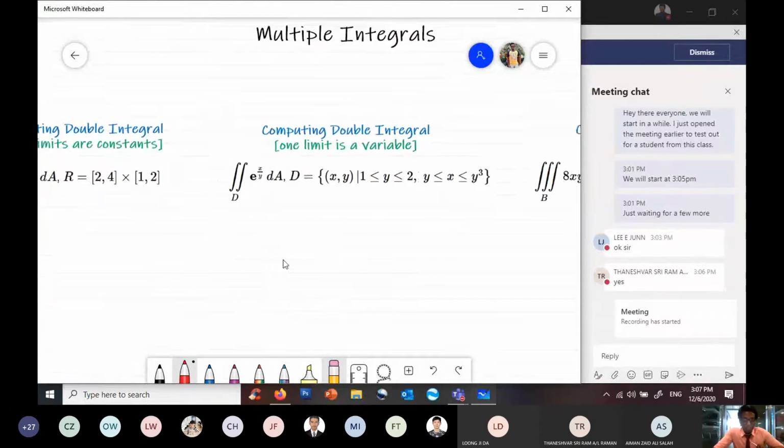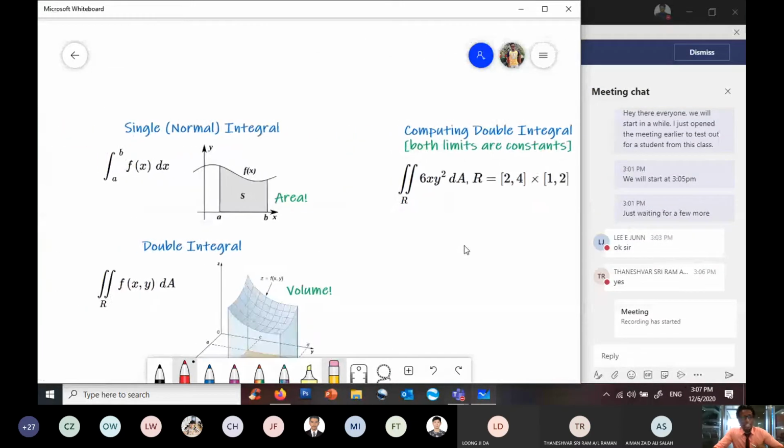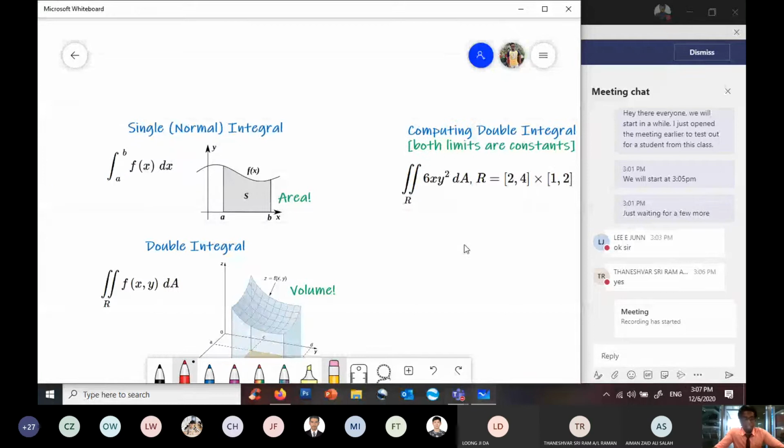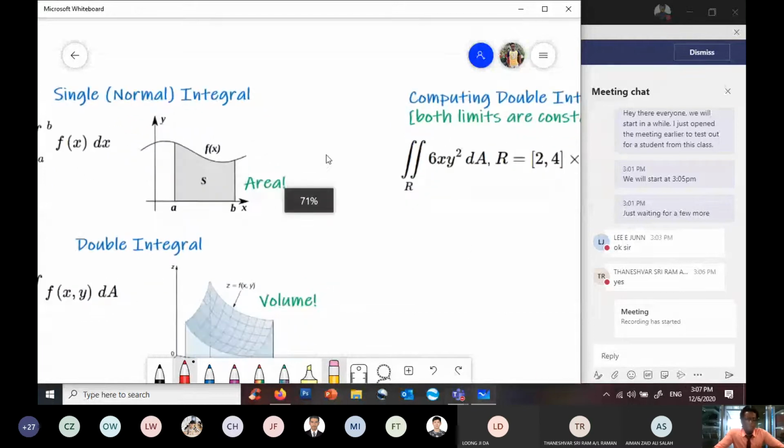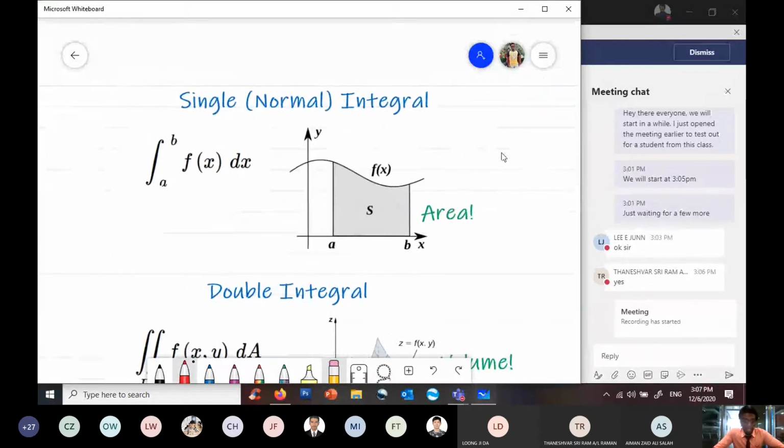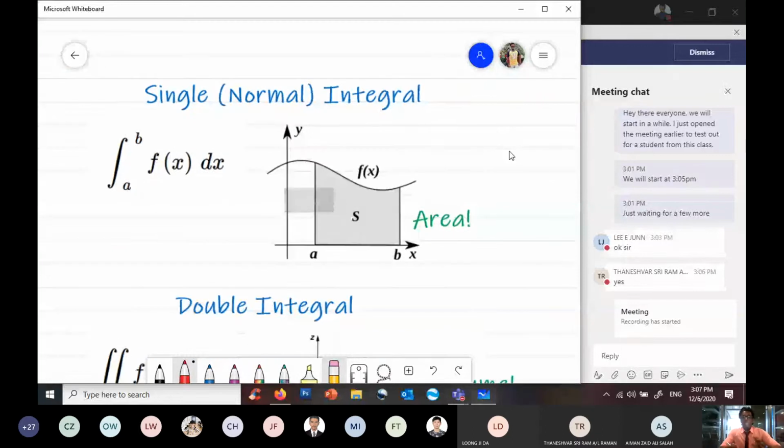So first things first, before we integrate, let us first see what it means by double integral, triple integral, and so on. Let me start with something that you are familiar with: a normal integral, a simple integral.